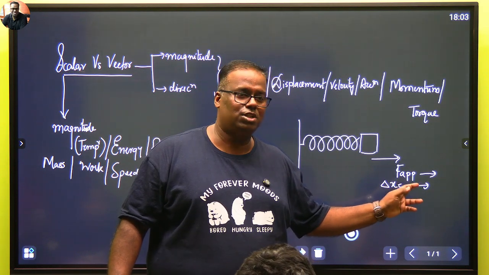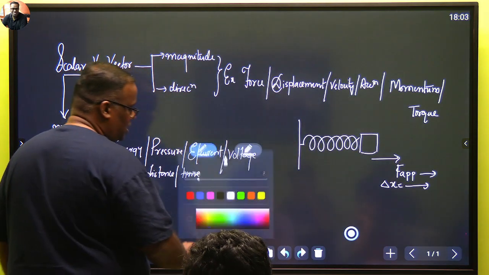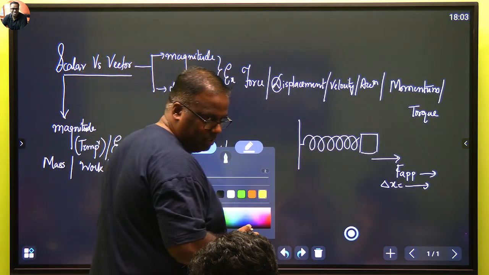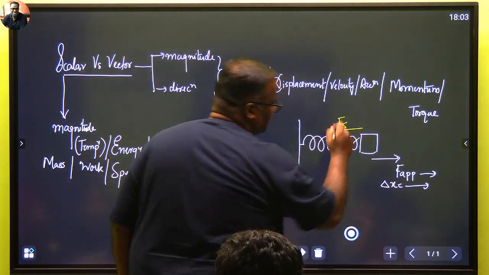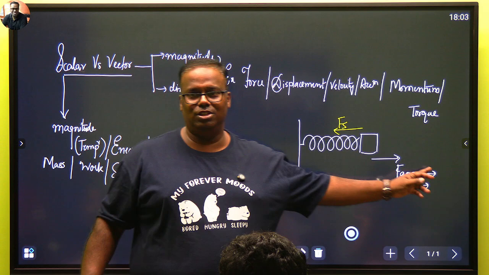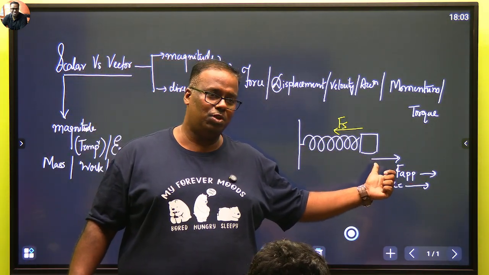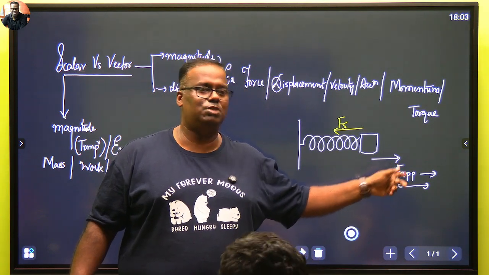The work is positive. Yes. Now change your perspective and see from the other side. If you have pulled it this side, doesn't the spring want to contract? So the spring force is acting on this side, Fs, and displacement is on this side. So cos 180. So work done by the spring force is negative right now. Work done by the applied force is positive.